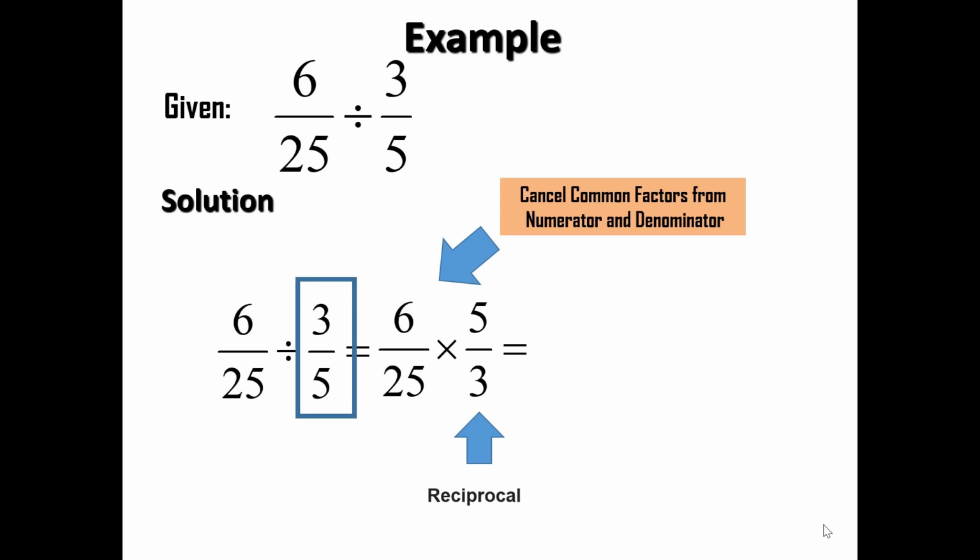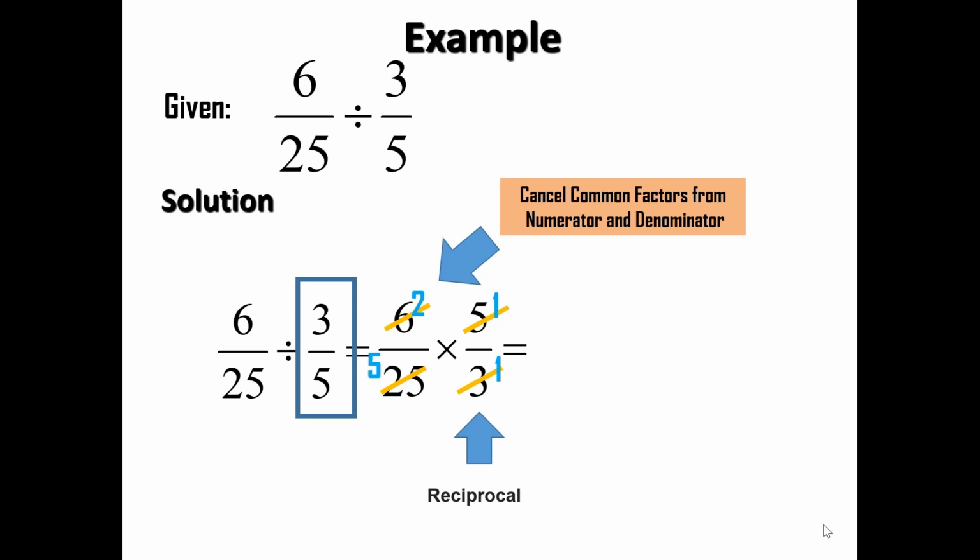we have the common factors for both numerator and denominator. So like 6 and 3, 25 and 5. So the common factor for 6 and 3 is 3. That's why when we divide 6 by 3, it's 2. And 3 divided by 3 is 1. 25 divided by 5 is 5.